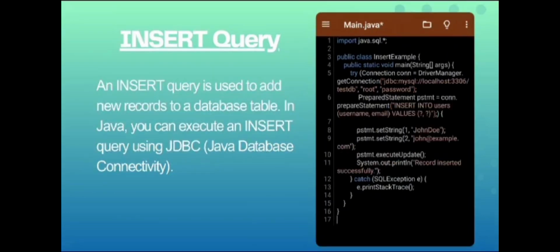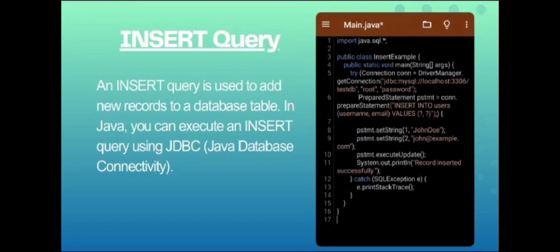Using an insert query in Java with JDBC involves establishing a connection to the database, preparing the SQL statement with placeholders, setting values, executing the query, and closing the connection.